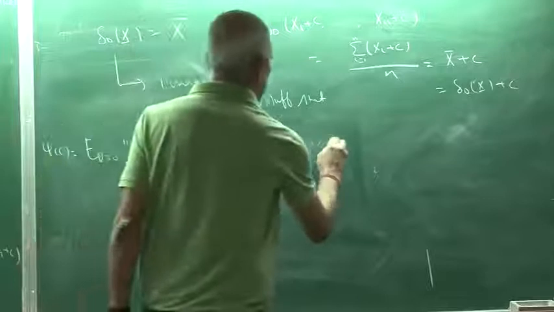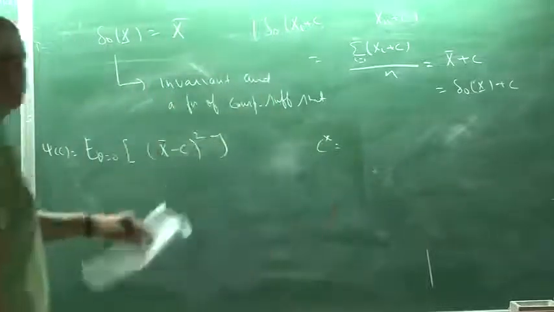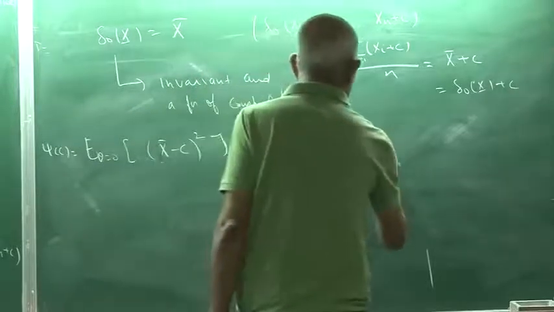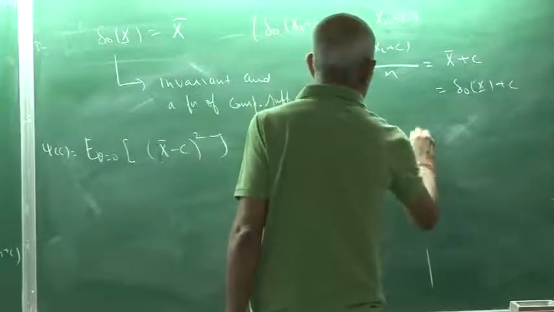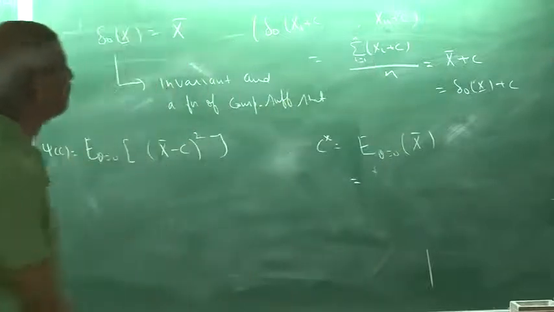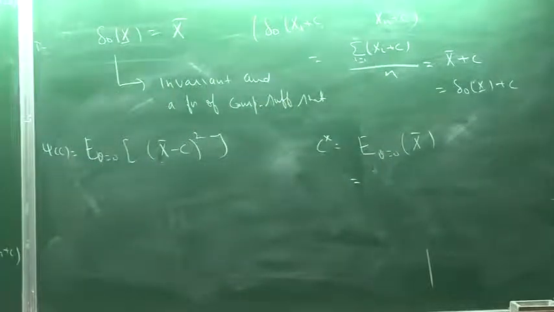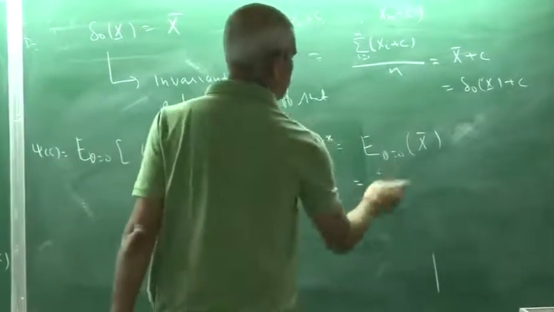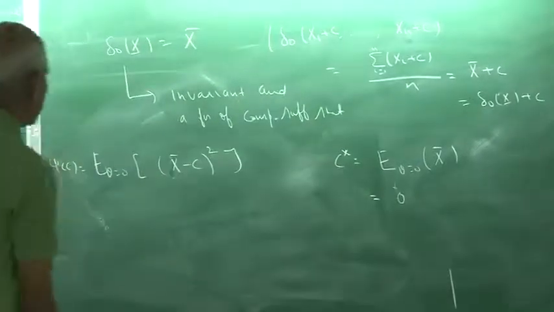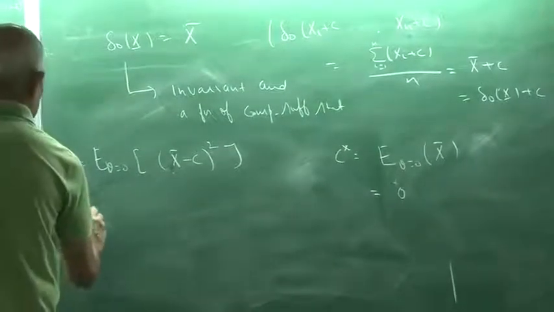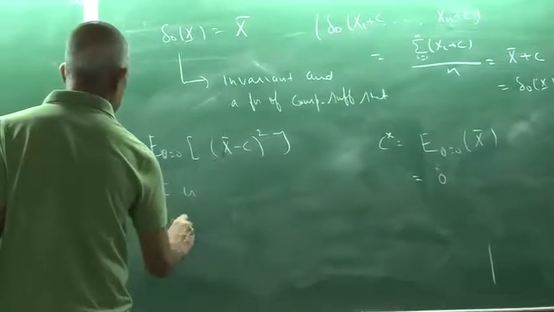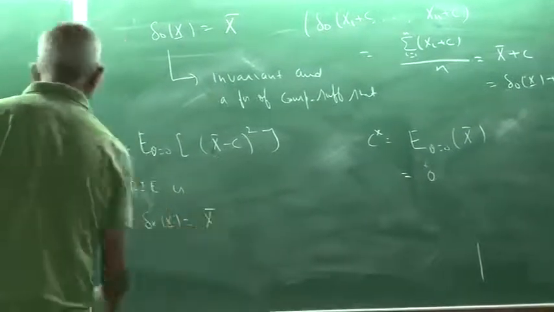I know that mean square deviation is minimized at the expected value, so C star would be nothing but the expected value at theta equal to 0 of X bar. What is the expected value of X bar when theta is 0? It is 0, because expected value of X bar is the same as the mean, but the mean is given to be 0, so this is the same as 0. So what is the MRE? It's just X bar.